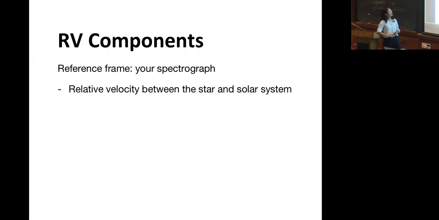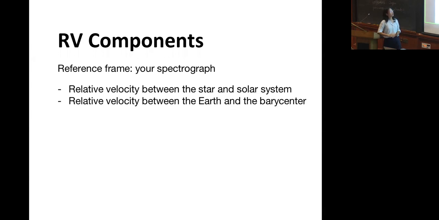So the first component naturally is the relative velocity between the star and our entire solar system, meaning the very center of our solar system, right? But there's also the relative velocity between the Earth and the very center of the solar system. As you know, the Earth goes around the Sun.